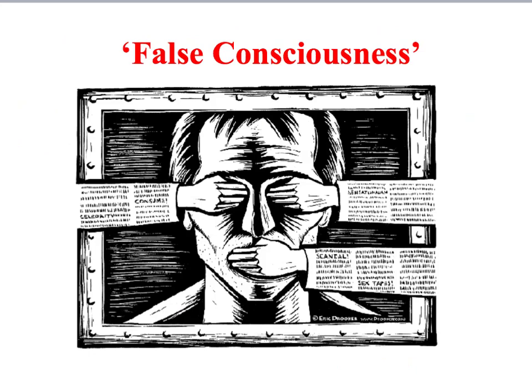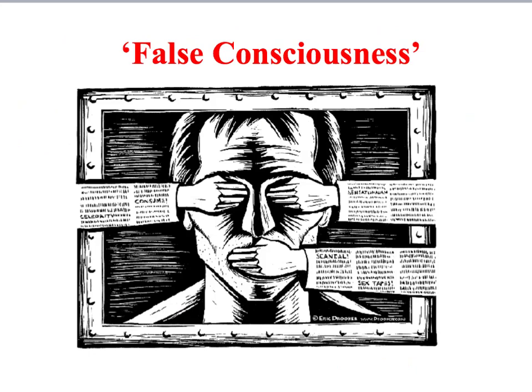So Marxists have a very negative view of the role of the mass media within a capitalist society. They argue that the role of the mass media is there to discourage critical thinking and to make sure that the mass of the population are pacified by pleasant, shallow, banal entertainment.